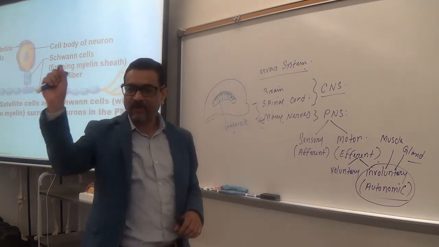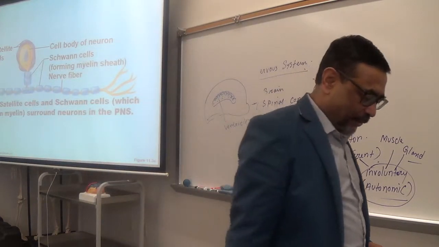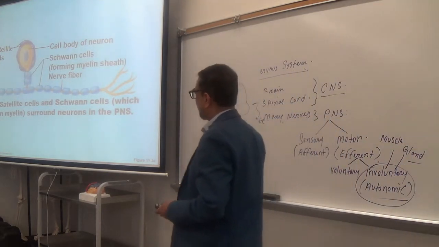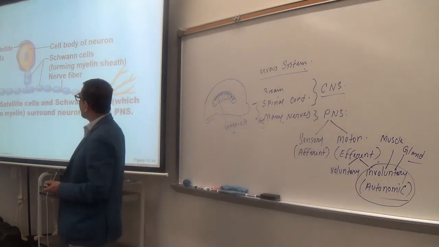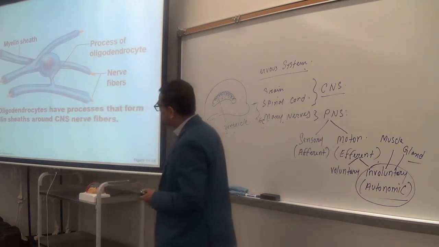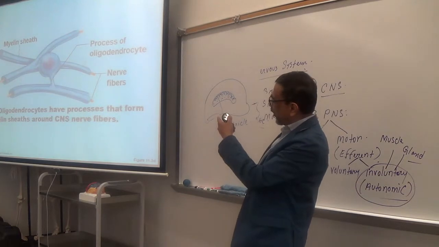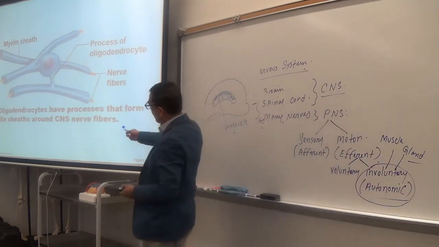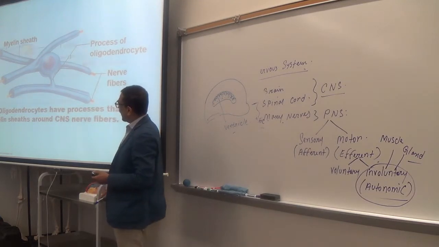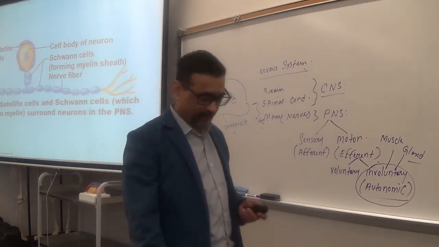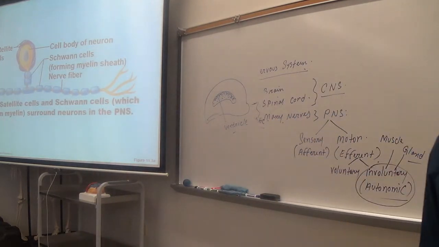Those spots are not insulated. So those are called nodes of Ranvier. We'll talk about that just now. So those are three types of neuroglial cells for insulation. Again, I'm repeating, oligodendrocytes around the nerve fibers in the central nervous system, and satellite cells and Schwann cells in the peripheral nervous system, or PNS.